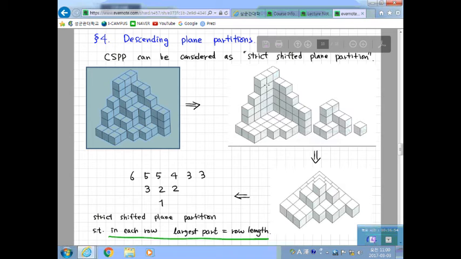It is the set of boxes with one of the coordinates being 1. Then remove this first layer, and do the same thing. From here, we consider boxes with one of the coordinates equal to 2, and we get this, the second shell. The third shell will be just this box.